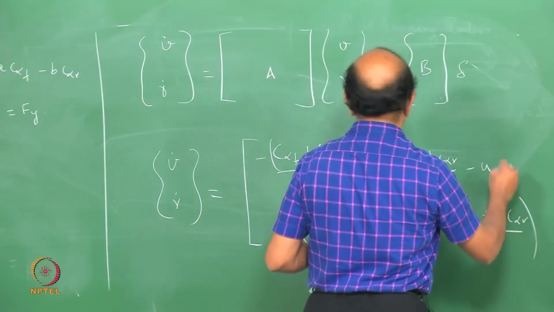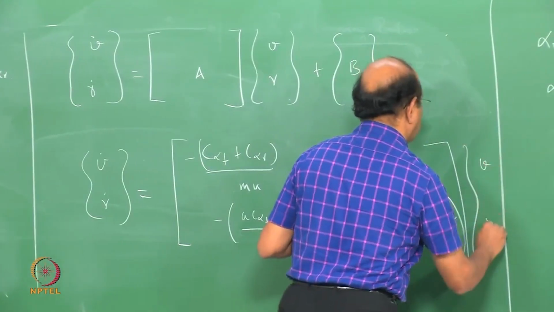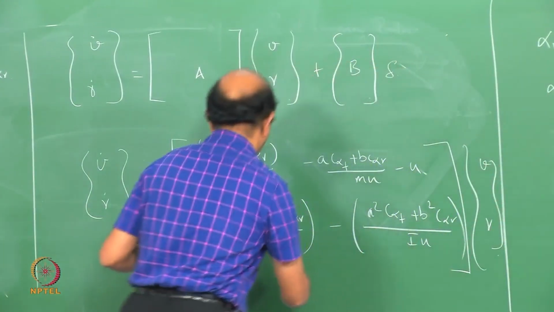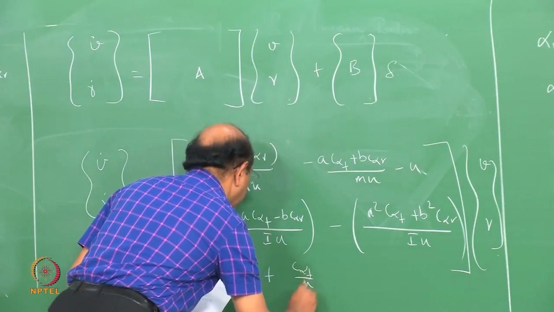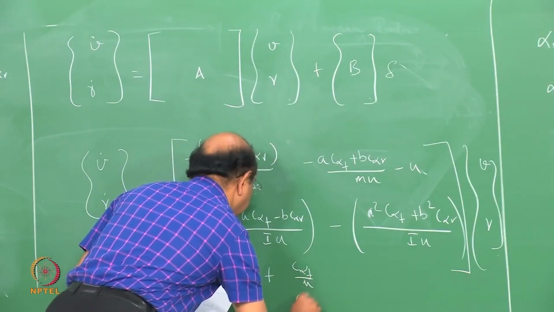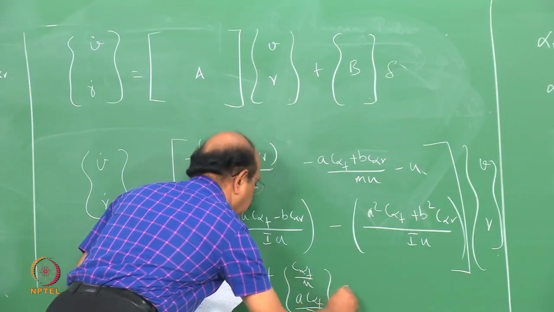Okay, that would be my A, and V R plus C alpha F by M, A C alpha F by I, delta.